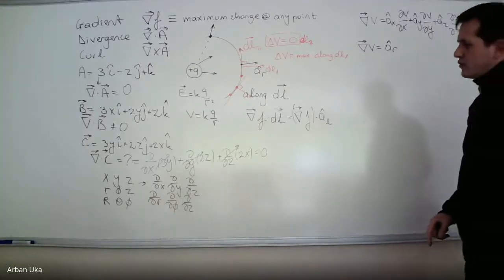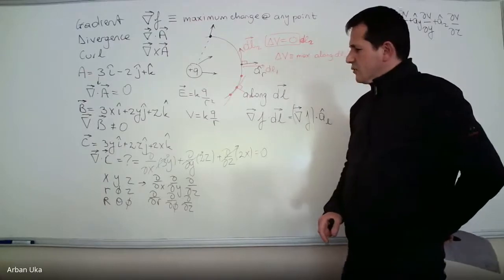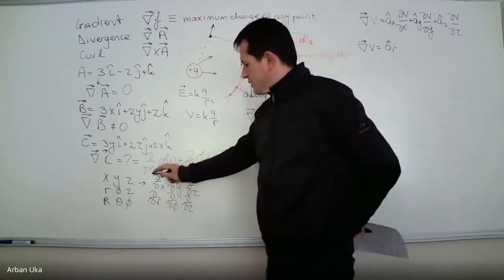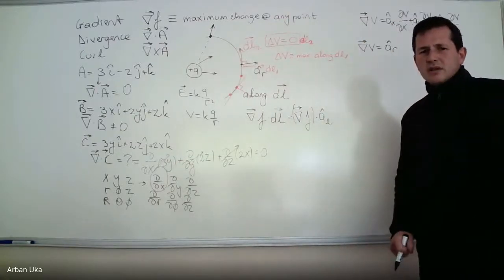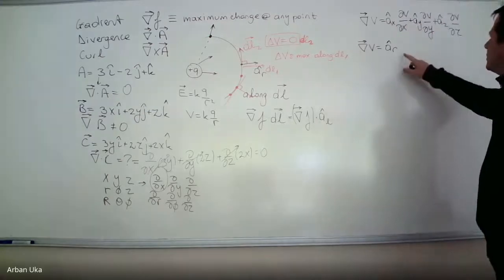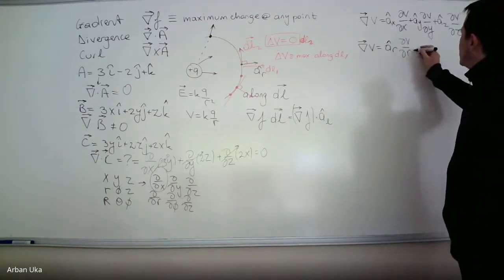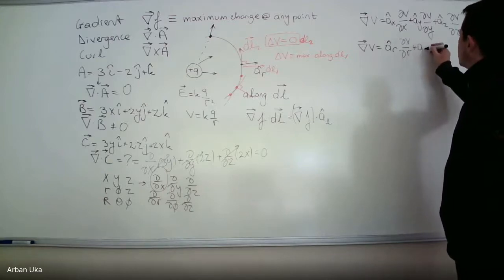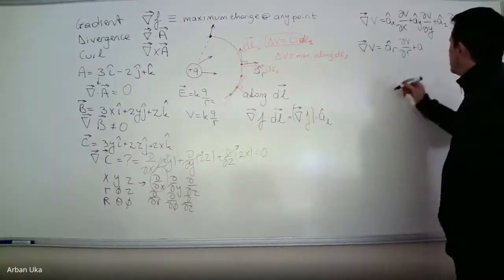So it is expected that you include these three derivatives whenever we define the gradient operator. But one thing we have to be careful about, that we have mentioned a couple of times so far, is that whenever we take the derivative of a certain quantity, the unit of this linear operator is 1 over meters. So here we are going to have dv over dr plus, what is the next direction for cylindrical coordinate system? It is phi.